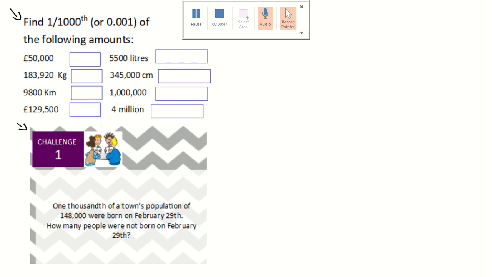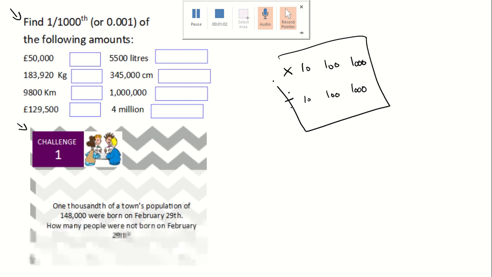You've got the skill for this because in year 5 and year 4, you know how to times and divide by 10, 100, and 1,000. This is a skill we worked on a lot. And I've seen you all on your whiteboards and in lessons. You can do this.